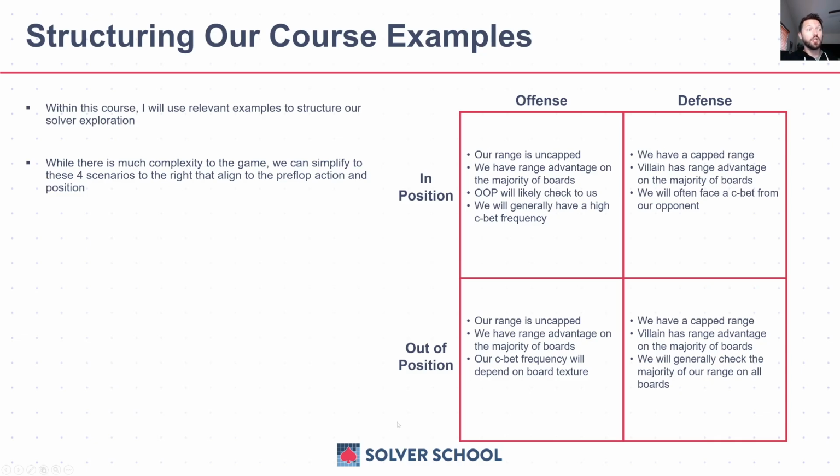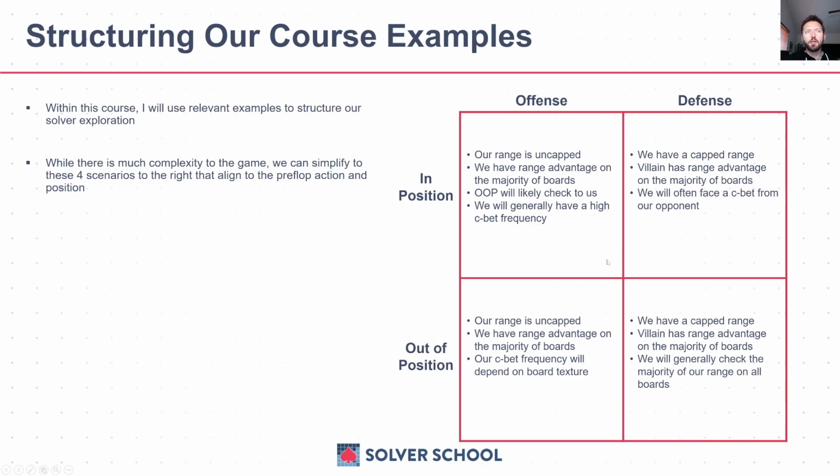And the big blind is also out of position for the hand. The out of position defender has a capped range generally. The villain, meaning the button in this case, because we're looking at things from the big blind's perspective, has a range advantage on the majority of boards. And we're generally going to check the majority of our range on all boards.